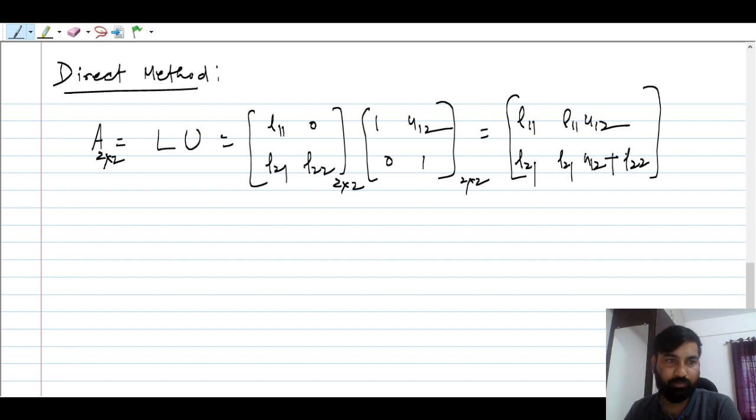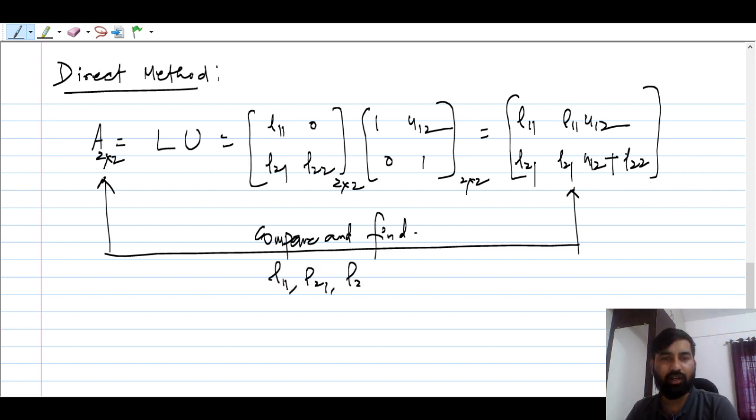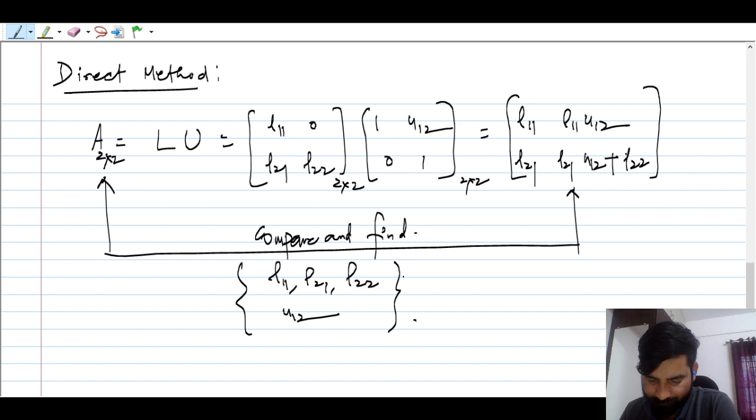Then you take matrix A and compare, and find what elements you have to compute: L11, L21, L22, and U12. These are the four unknowns that you have to determine, right?